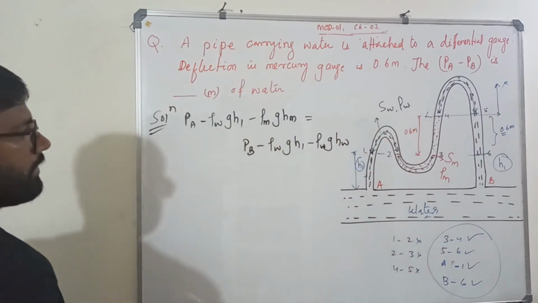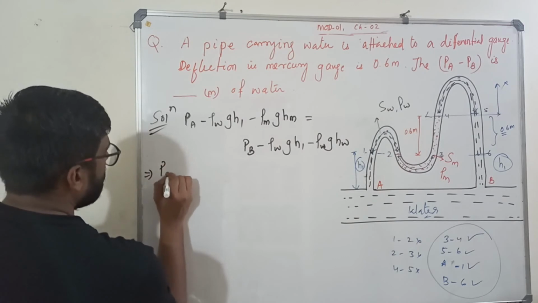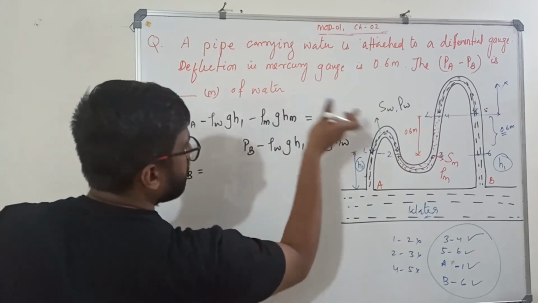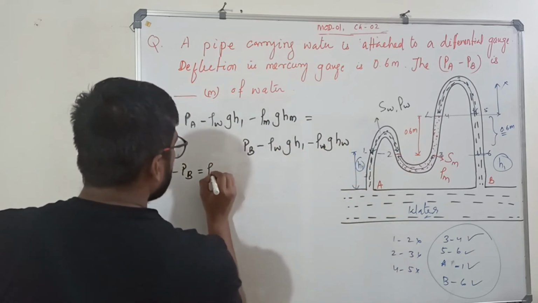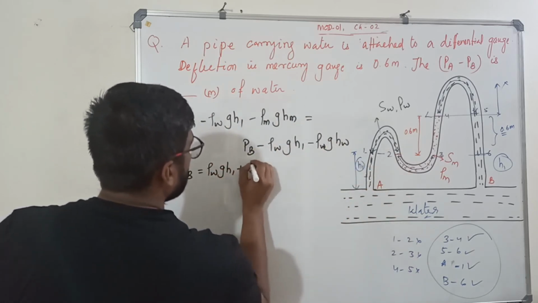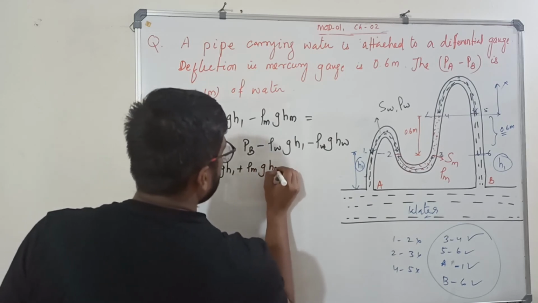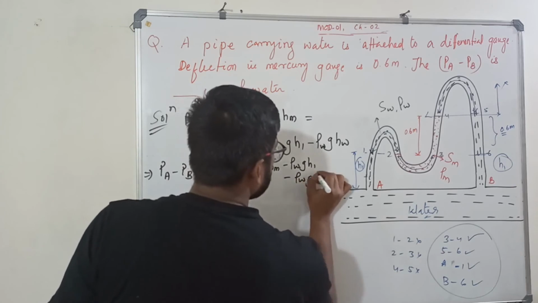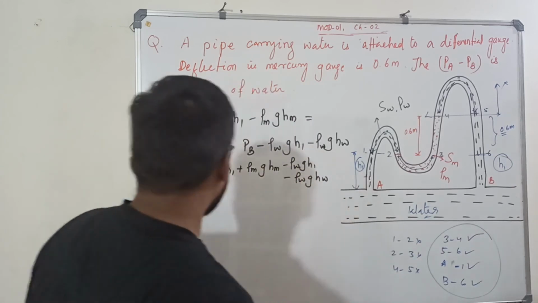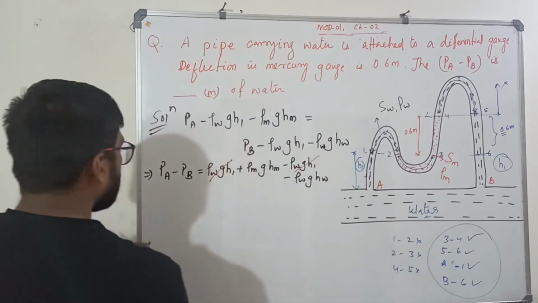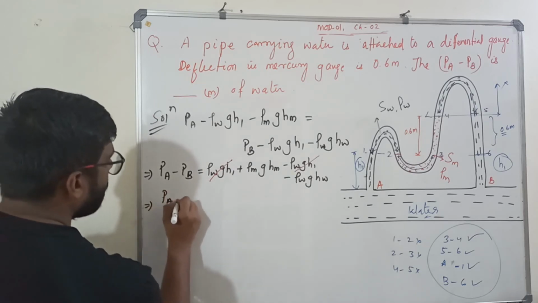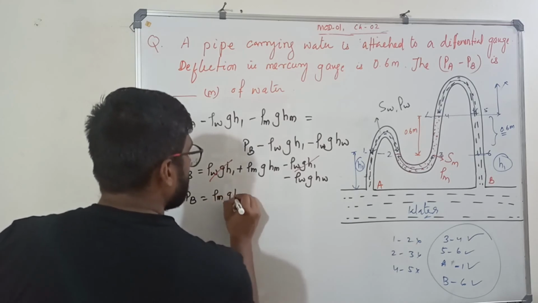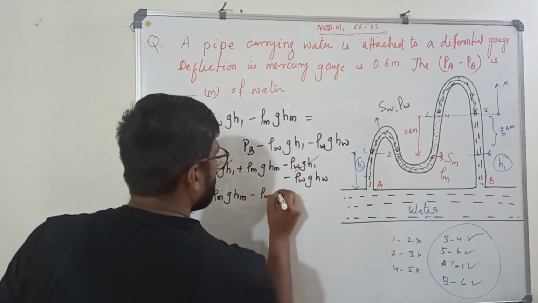So this implies PA minus PB is equal to, writing it on the right hand side, so it became positive: rho W G H1 plus rho M G Hm minus rho W G H1 minus rho W G HW. So rho W G H1 and rho W G H1 cancel. So I got PA minus PB is equal to rho M G Hm minus rho W G HW.